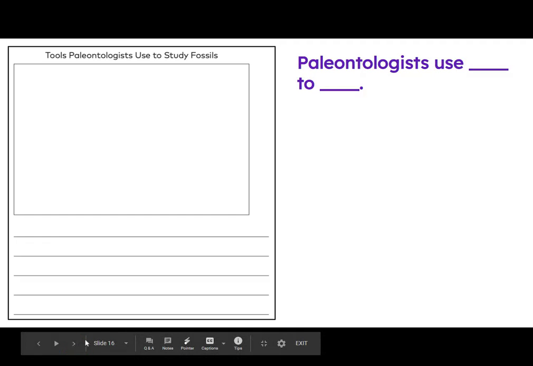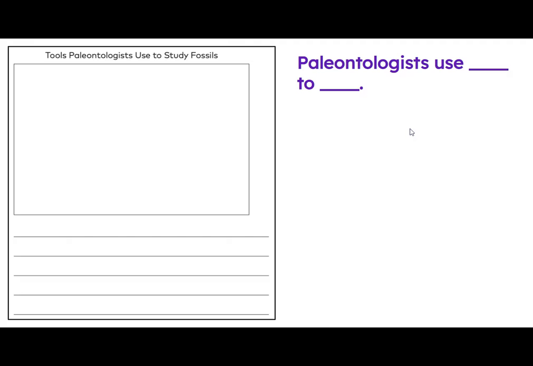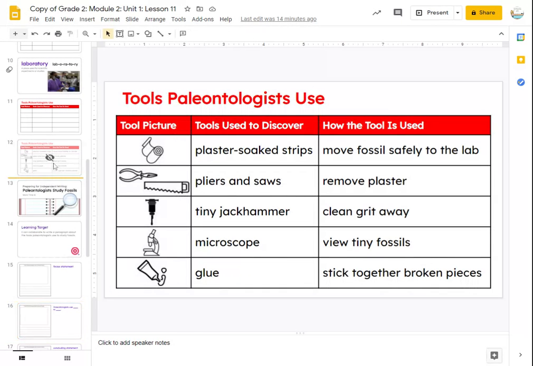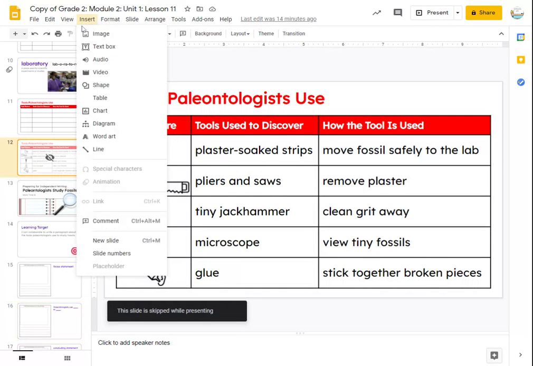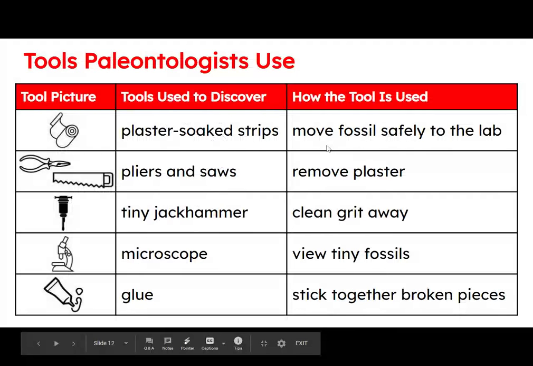It was, paleontologists use many tools to discover fossils. And what you're going to do today is you are going to use a new tool that we learned about today that's on the chart and do exactly like you did yesterday. You're going to pick the tool, and you're going to write what it's used for.